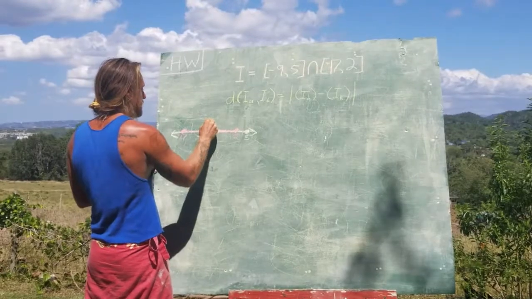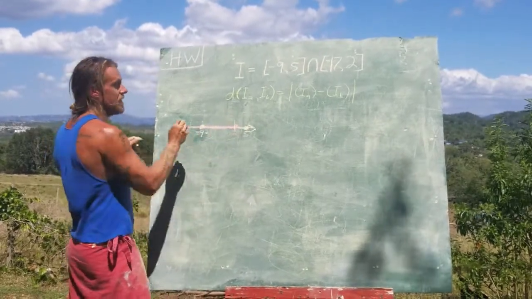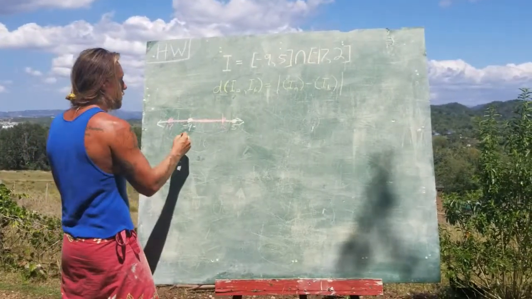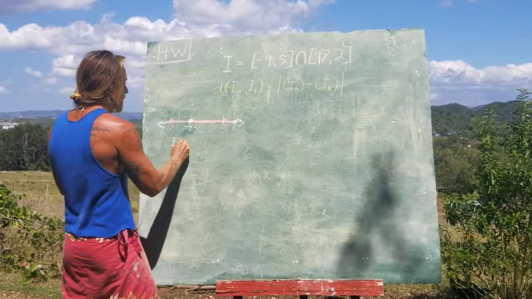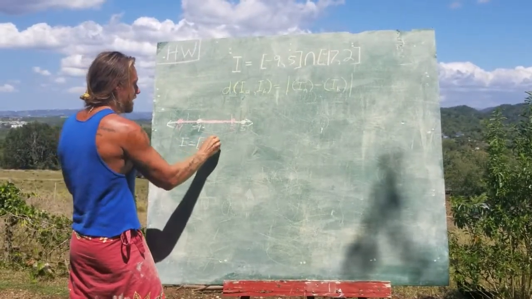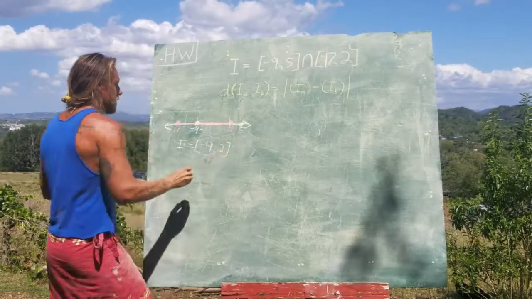In this case, specifically here, we have the orange and red overlapping, including the endpoints. They're included within both. So our interval I is equal to the interval -9 to 2.